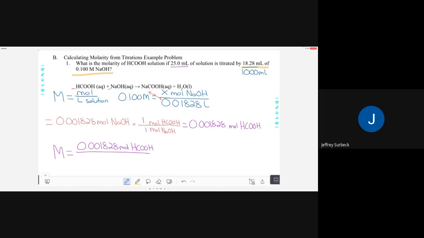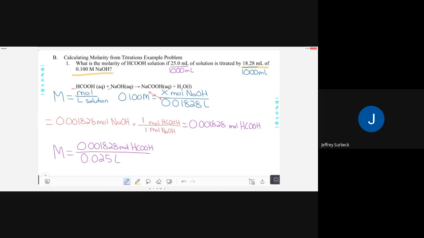Divide by 1,000. Very good. Divide by 1,000 milliliters, which gets us 0.025 liters. And so when we plug this into our calculator, what we get is this.